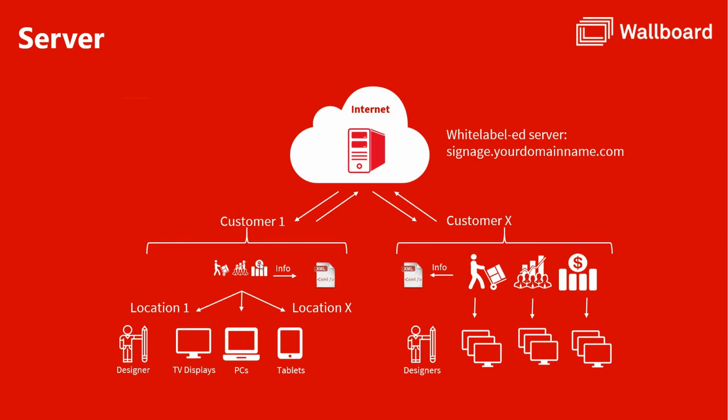So if you have price information or stock information, then we can, for example, check the data source every 2 minutes, and when there is a change in the data source, we notify all the devices to change the content or just one tag or one element of the content.